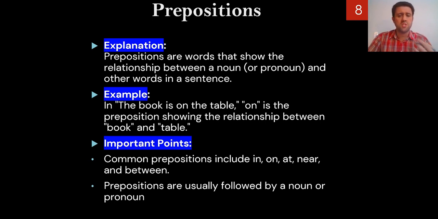Common prepositions include in, on, at, near, or between. Prepositions are usually followed by a noun or pronoun. As an example, in this sentence, the preposition on is followed by the noun the table.